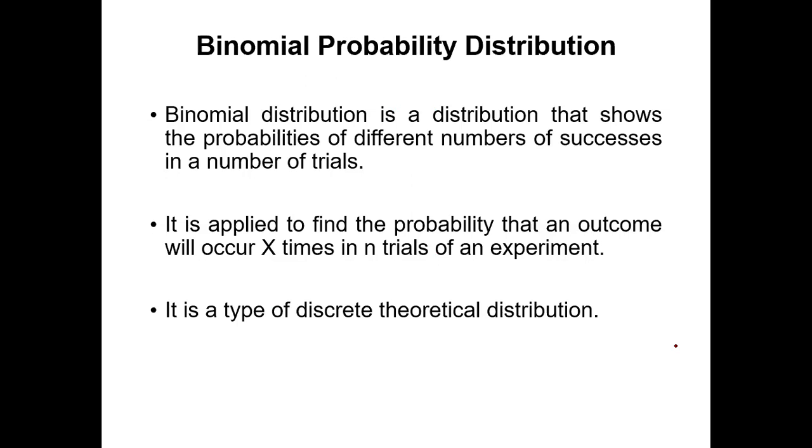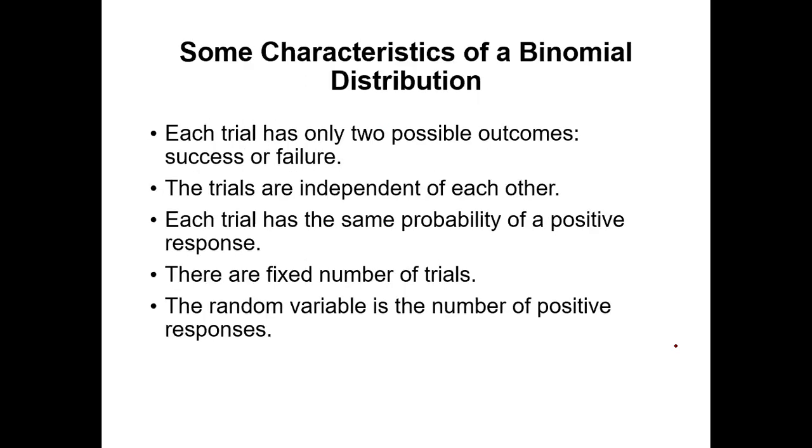Now, these are the characteristics of a binomial distribution. First of all, as I said, from the name binomial, bi, each trial has only two possible outcomes, whether it is a success in terms of what the researcher wants to achieve, or whether it is a failure, what the researcher does not desire to achieve.